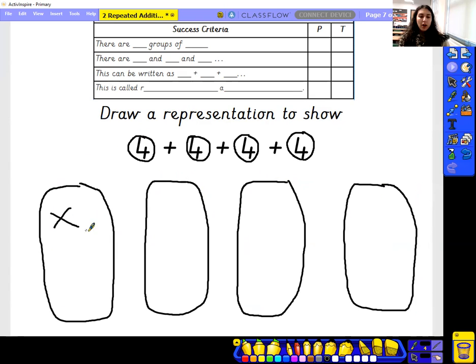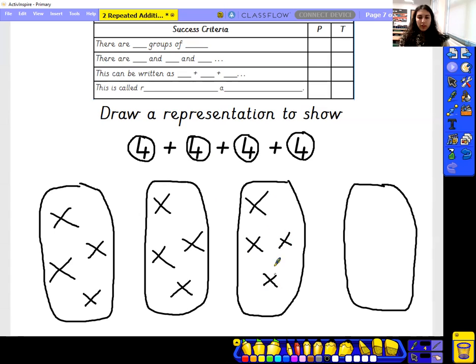So I would have 4 objects inside each of my groups. That's 1 group of 4. 2 groups of 4. 3 groups of 4. 4 groups of 4. Well done.